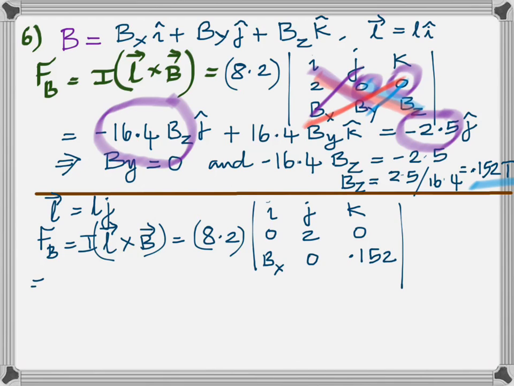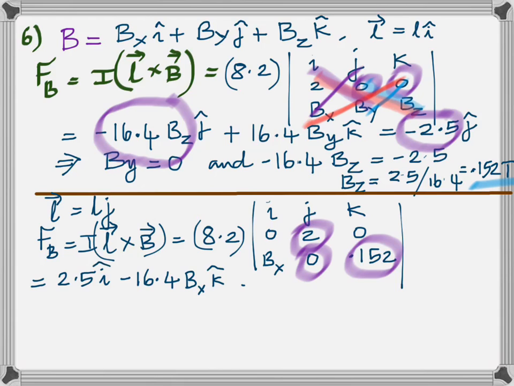This time you can see that j is 0 I and 0 k because it's along the positive y-axis, and just as before, we now know that the z component of the magnetic field is 0.152. So we know that, and that By is 0 too.